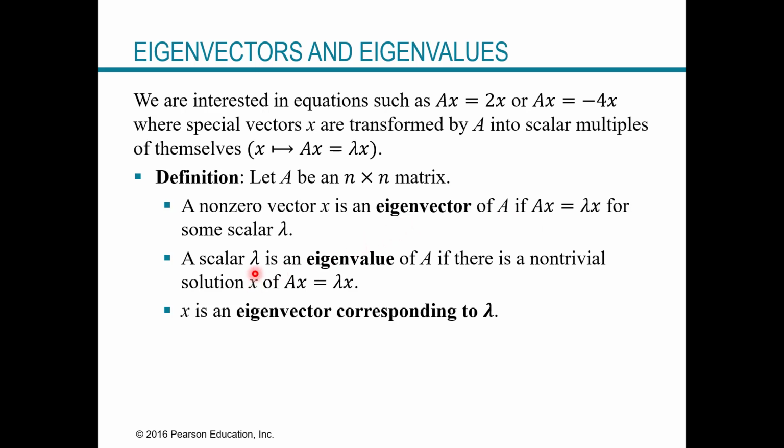Now this scalar, lambda, we call an eigenvalue. Lambda is an eigenvalue of A if there is a non-trivial solution for x to the equation Ax equals lambda x. And then x is called an eigenvector corresponding to that eigenvalue, lambda.